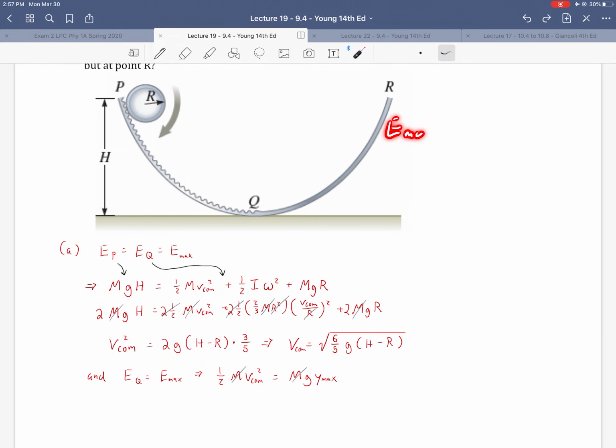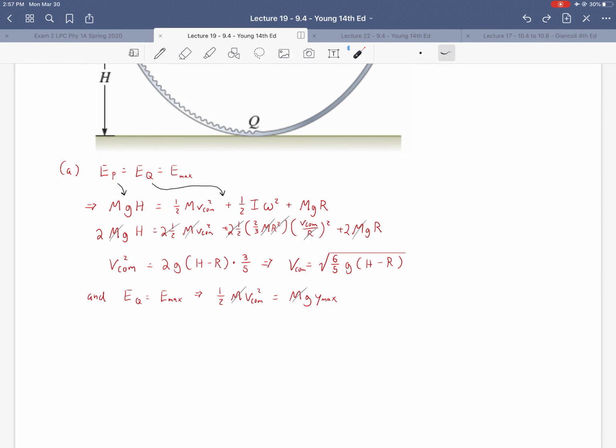So now we're going to equate E_Q to E max. Again, E max is going to be somewhere up here. So that then just becomes translational energy equal to mg y_max. And let's see, looks like I'm missing the leftover potential energy, because I should have 1/2 m v_com squared plus mgr, because it does still have potential energy.